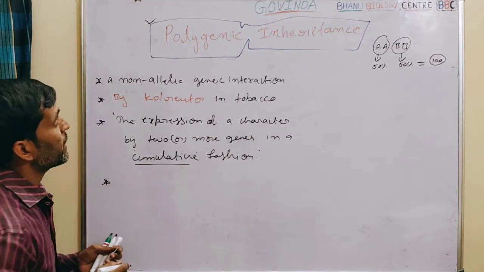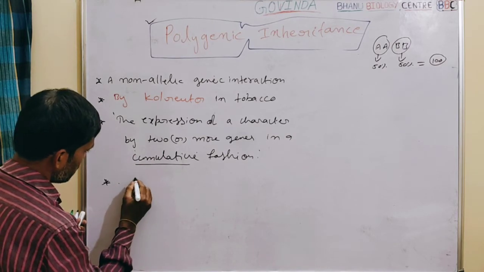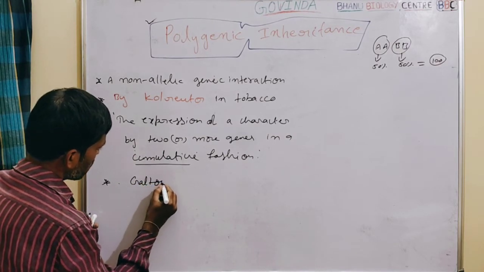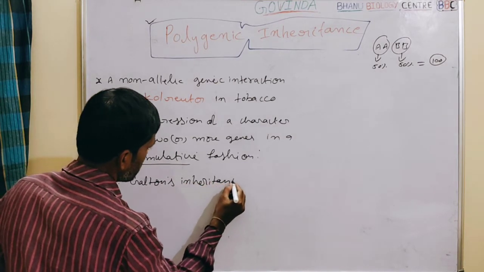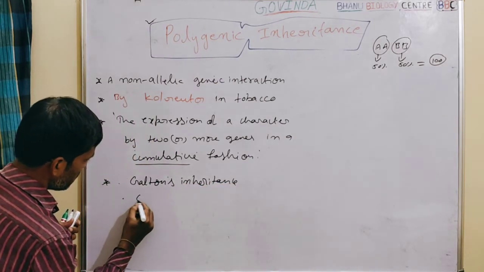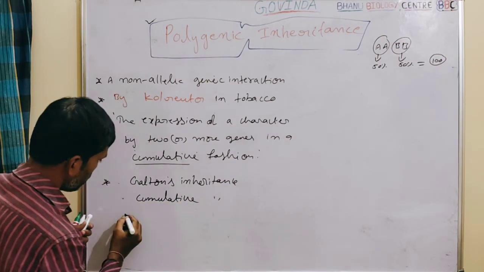Here some other names for polygenic inheritance are there, like the first one is Galton's inheritance. The another name is cumulative inheritance.